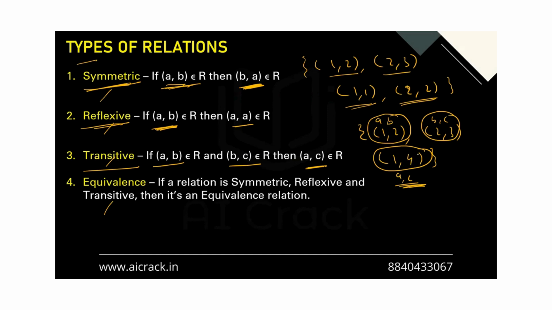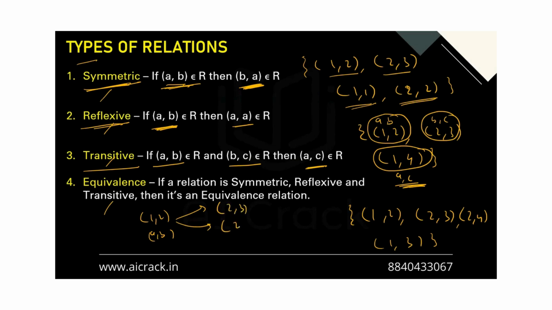Now the important thing over here is we can have a relation like 1 comma 2, 2 comma 3, 2 comma 4, 1 comma 3. Now in this case we have two pairs for 1 comma 2. So we have 1 comma 2 as a comma b, and it has two corresponding pairs for b comma c. One is 2 comma 3, the other one is 2 comma 4.